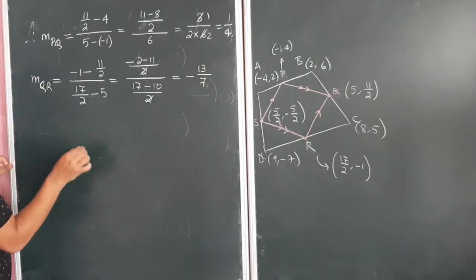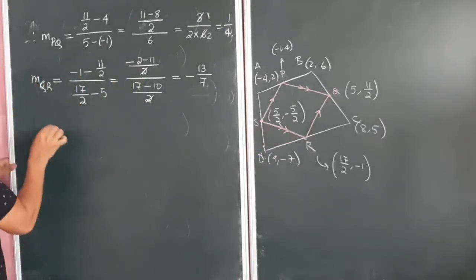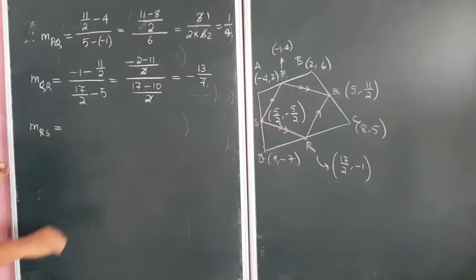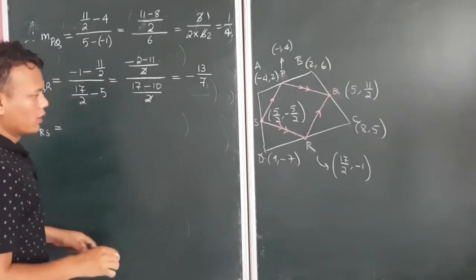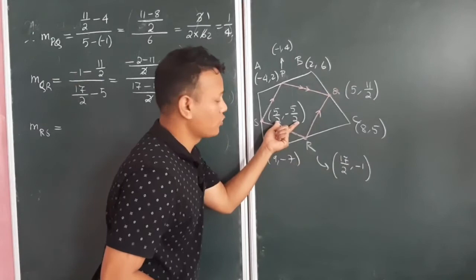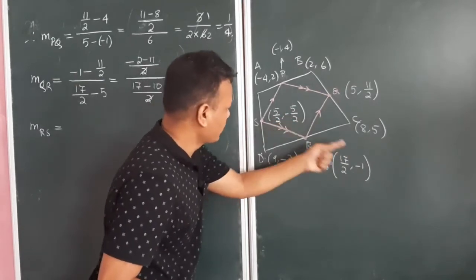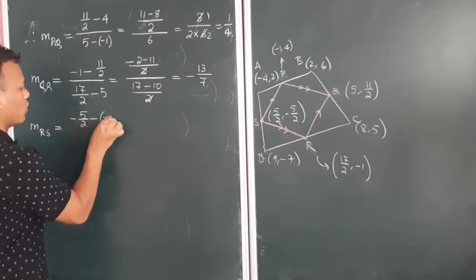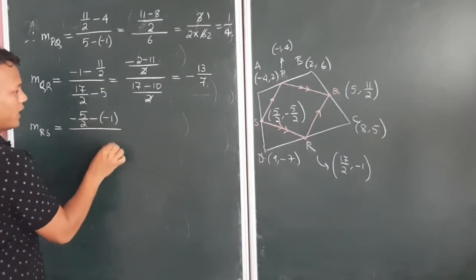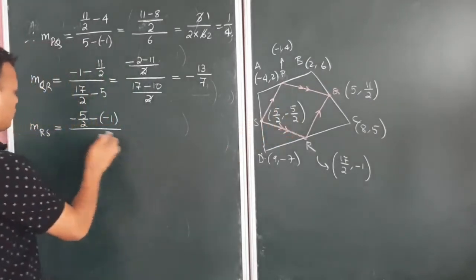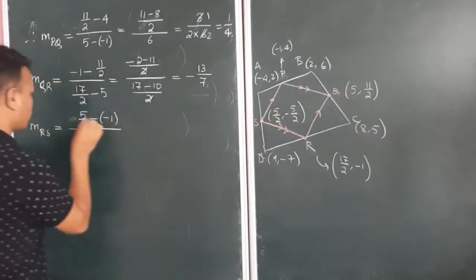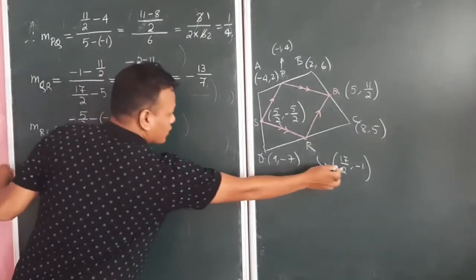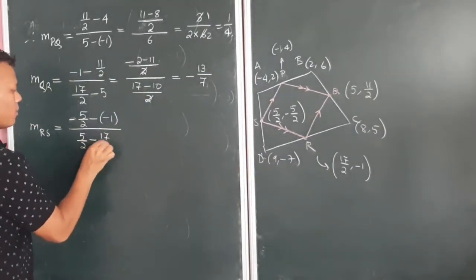Similarly, let us find the slope of RS. This is my x1 y1, this is your x2 y2. So y2 minus y1 divided by x2. I'm sorry, x2 is 5 by 2, so x2 is 5 by 2 minus x1, and x1 is 17 by 2.